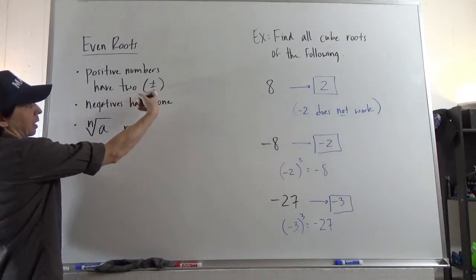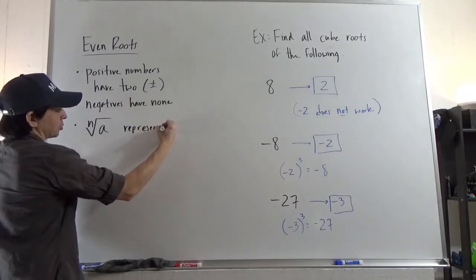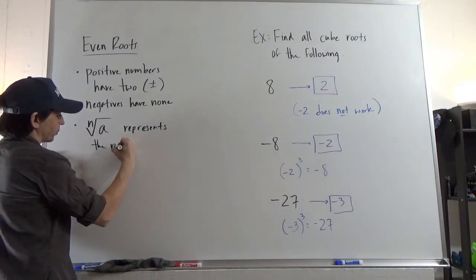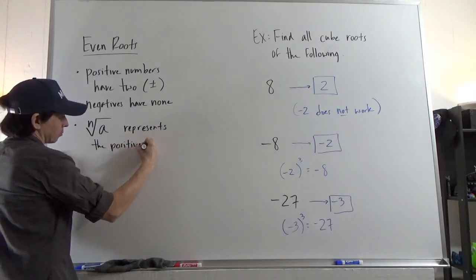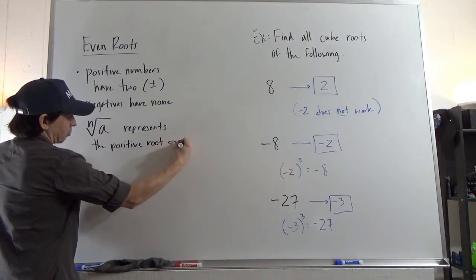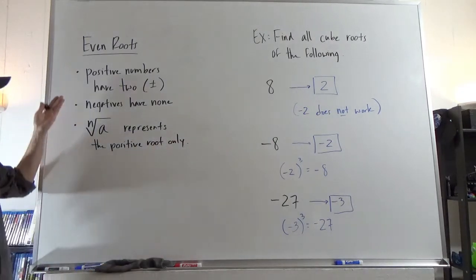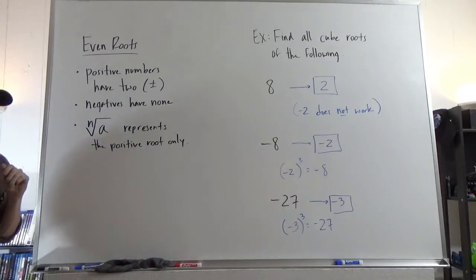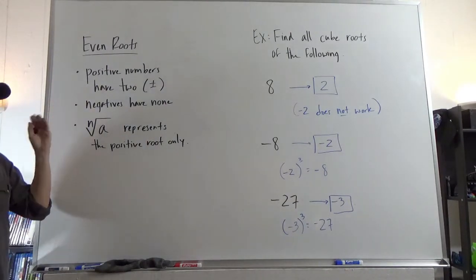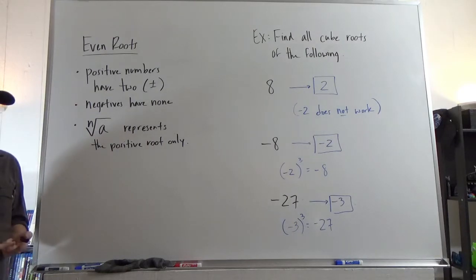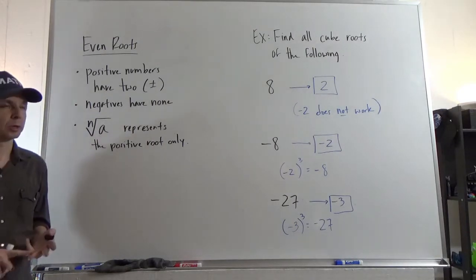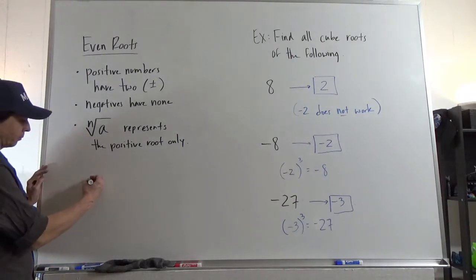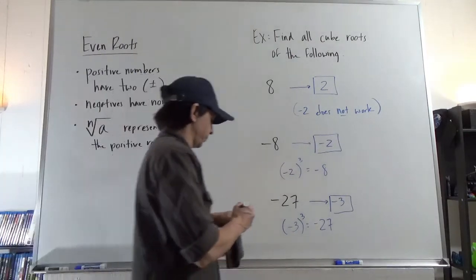Because there is plus or minus, unlike square roots, this radical symbol represents the positive root only. Those are the behaviors of square roots that we talked about last time, but they actually apply to any even root, like square roots, fourth roots, sixth roots if I ask you, which I won't, eighth roots in theory, but I'm not going to ask you that.